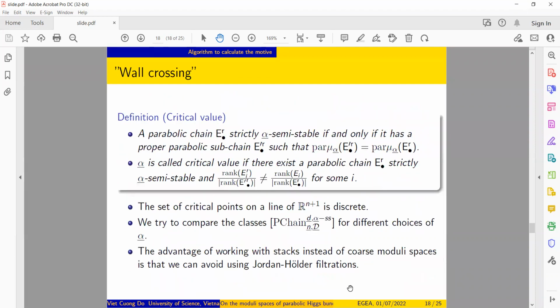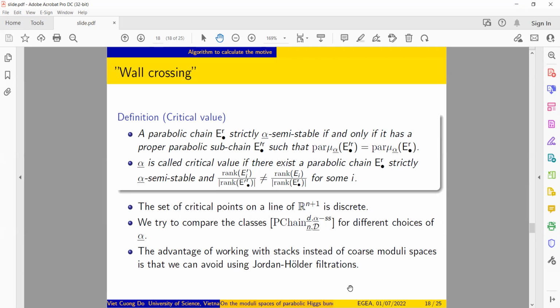Now I come to circumventing our problem about convergence. We see in the title there is wall crossing. That means we can think about how to bypass the convergence problem.